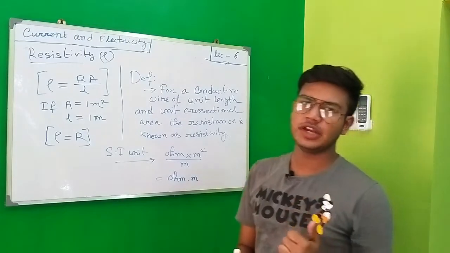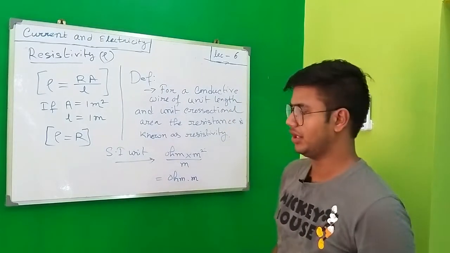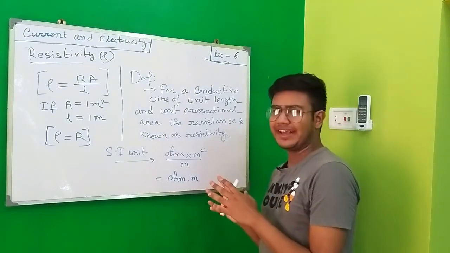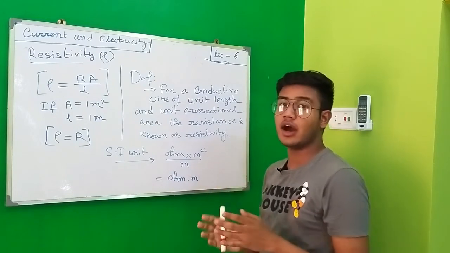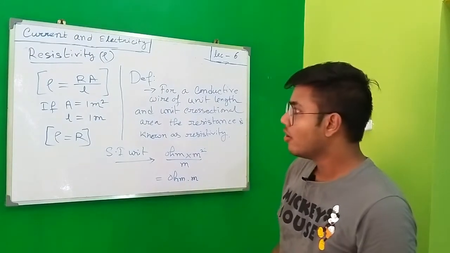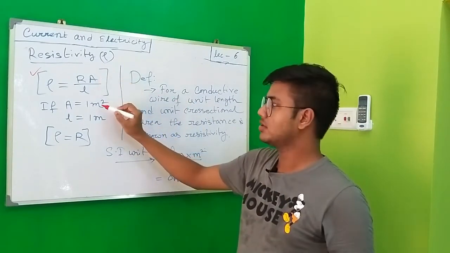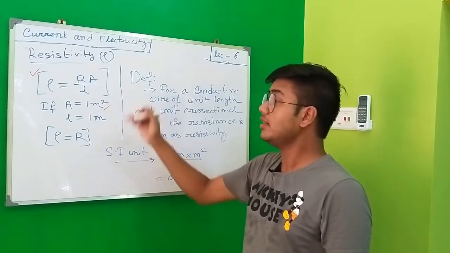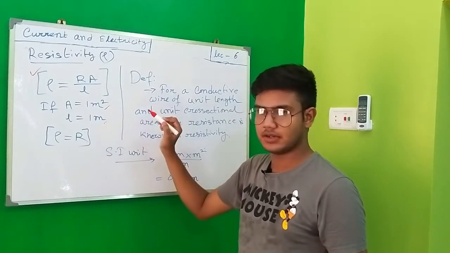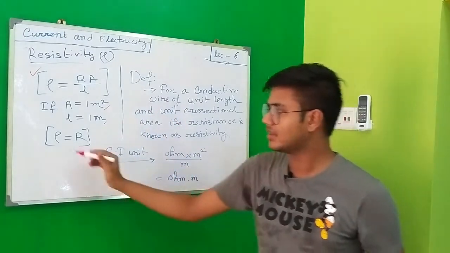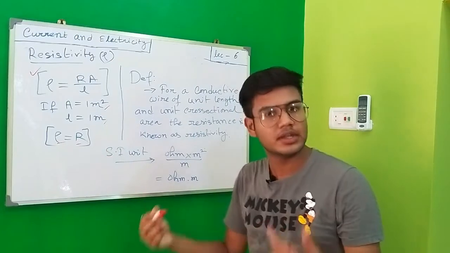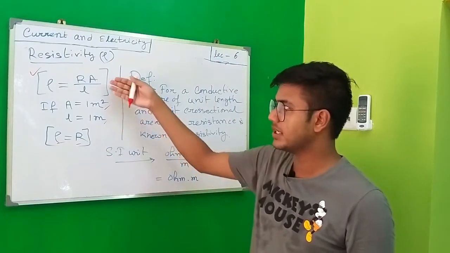Now we will check out its definition and SI unit. Before making that definition, let's learn how to make a definition. From this formula, if the area of that wire is 1 meter square and the length of that wire is 1 meter, then you can say that the resistivity is equal to the resistance, as you can see by placing the values.